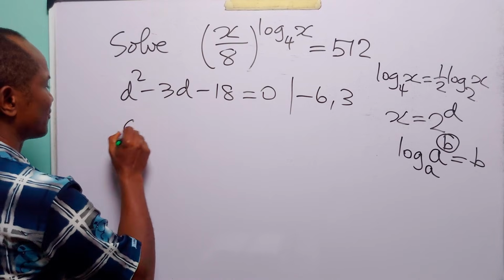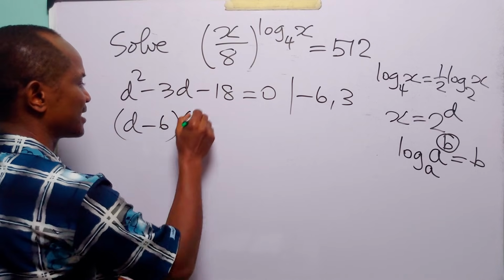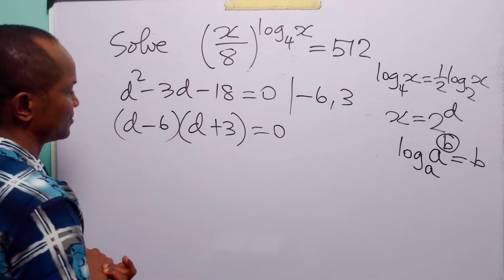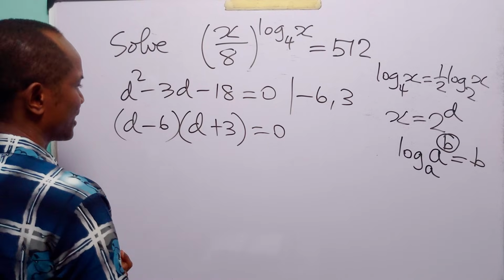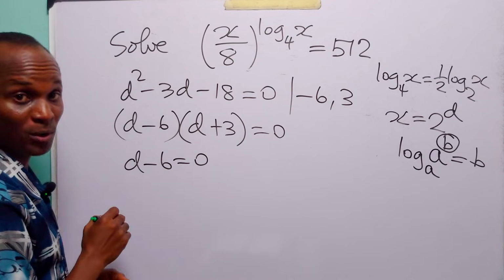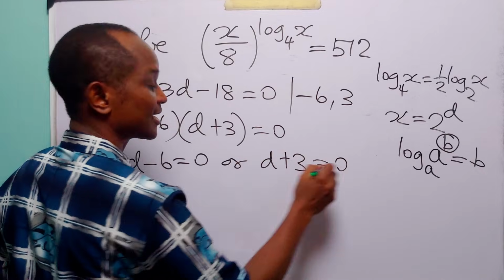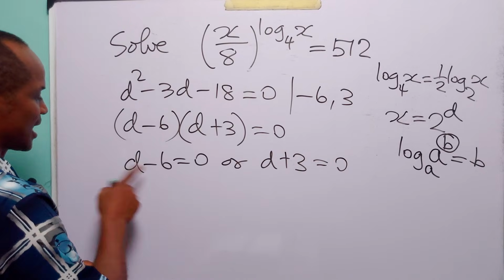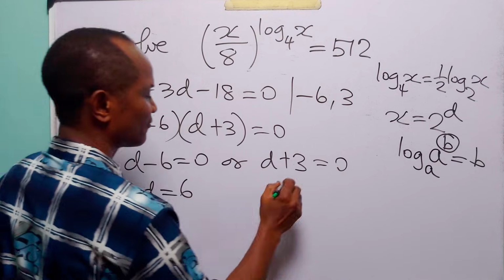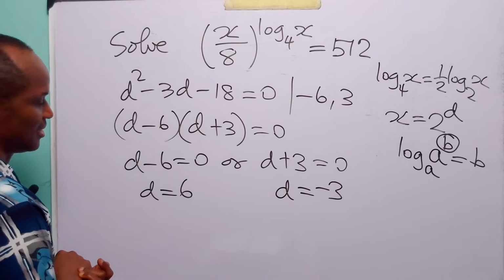So on the left-hand side of this equation, we have d minus 6 multiplied by d plus 3, and of course, this is equal to 0. Now from here, obviously, we have that either d minus 6 is equal to 0, or d plus 3 is equal to 0. And of course, from here we have that d is equal to 6, while from here we have that d is equal to minus 3.